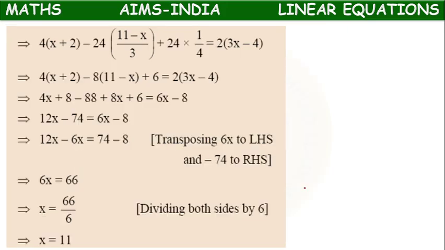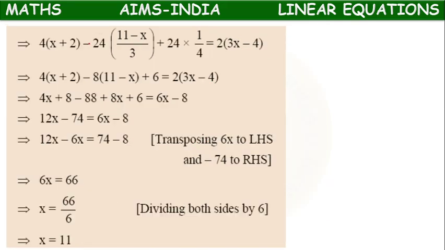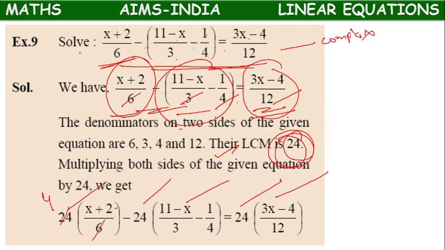Next. So here, 6 4 times 24, 4 into (x plus 2). We can take it as 4 into (x plus 2), first one. But for the second one, we don't have a common denominator.